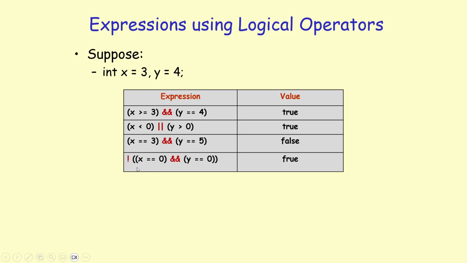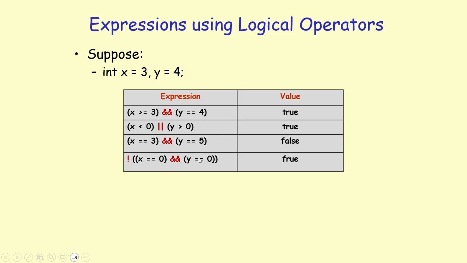And the last one is negating the value of this expression. So let's look at it. X is equal to 0. Is that true? No. X is 3, so 3 is equal to 0 is false. And y is equal to 0, so y is 4, so 4 is equal to 0, that's also false.